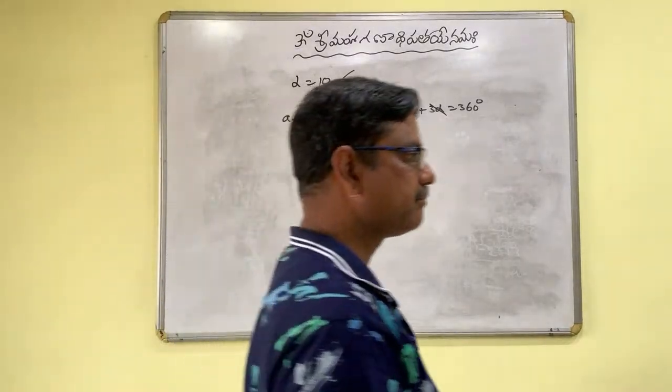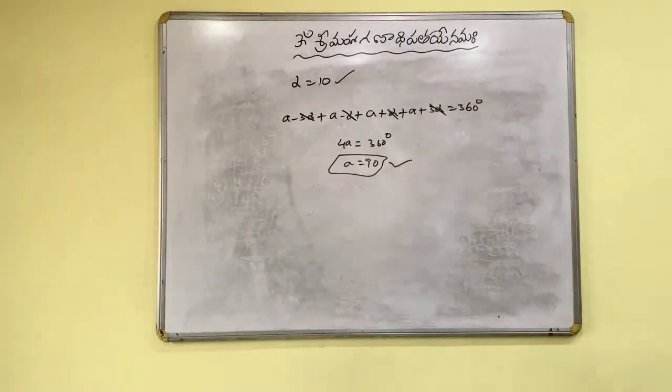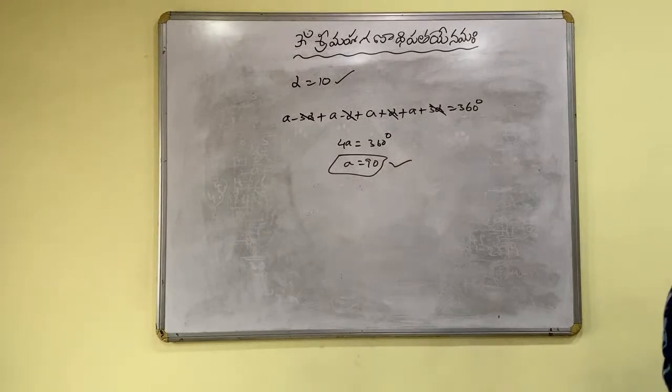Children? Then what are the 4 angles? Anyone? What are the four angles? No one? Not able to listen to me clearly? What are the four angles?